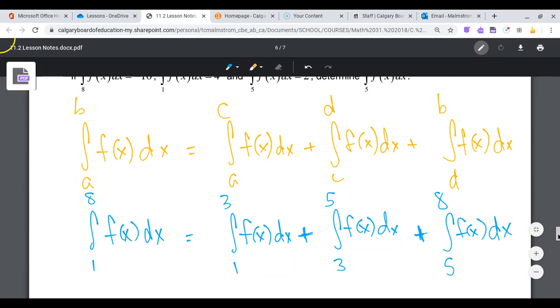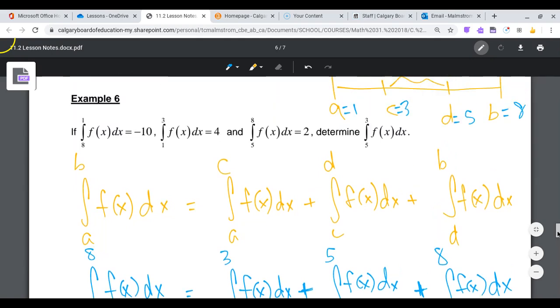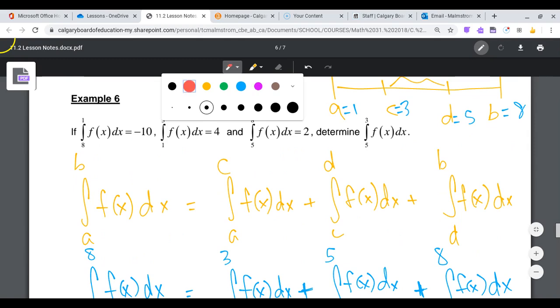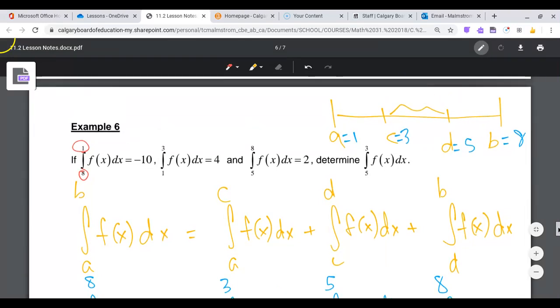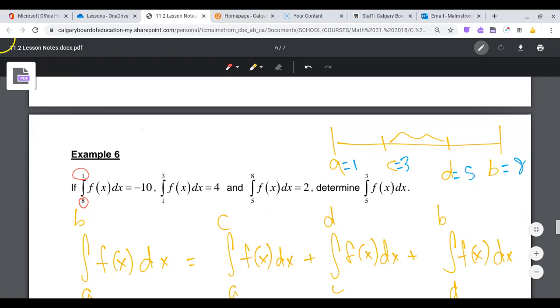Now be careful, because this one was a little sneaky. This one told me that from 8 to 1, not 1 to 8, was negative 10. So there was another property on our sheet that said if we go from A to B of f of x dx, that is the same as the negative of the reversed order from B to A of f of x dx.